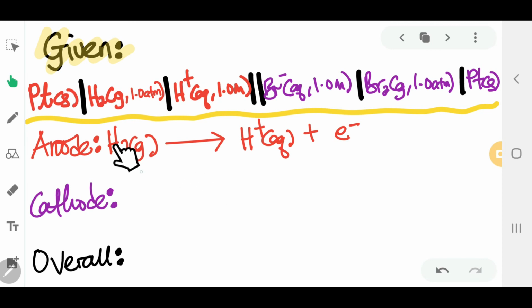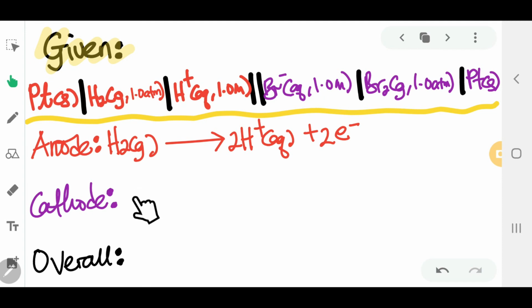You have 2 moles of H over here, so you're going to put 2 there, therefore you're going to have 2 here as well. So for the anode, that one is okay because you are losing electrons. You need to remember H2 gas loses the electrons and oxidizes into H plus aqueous right there.